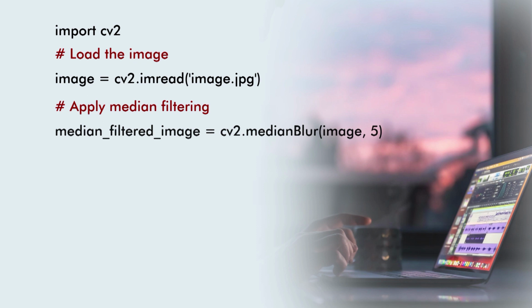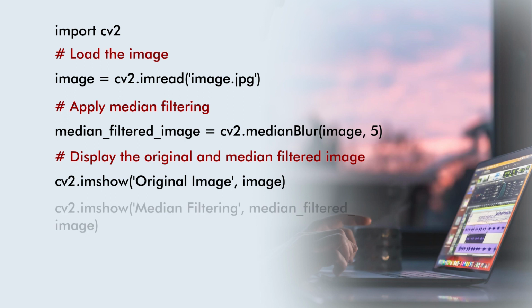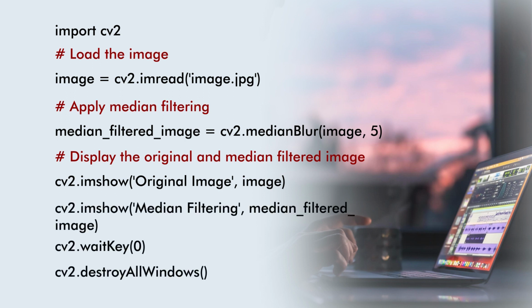In this filtering, we have to use the median blur function with the image and the value for the noise to be removed. Then display the original and median filtered image, using image show for the original image and then for the median filtered image.